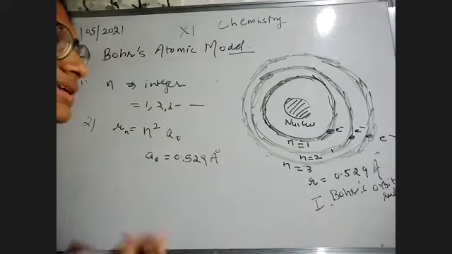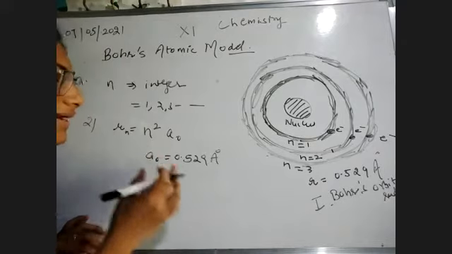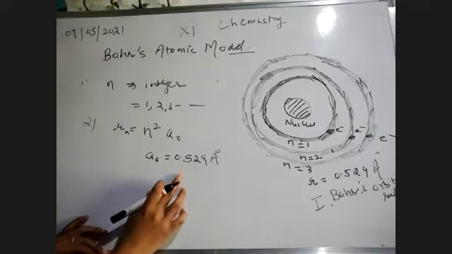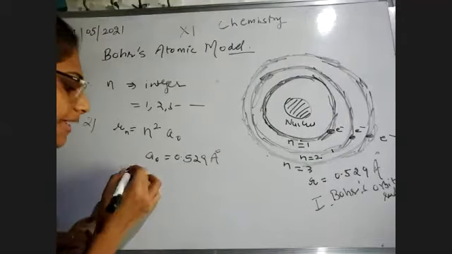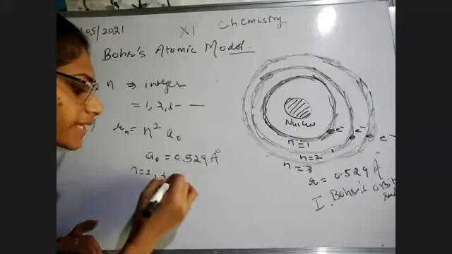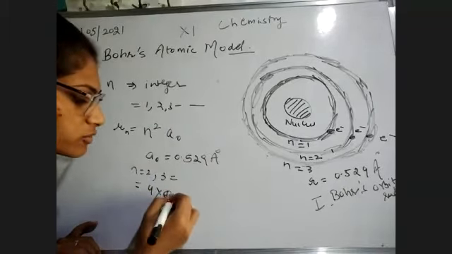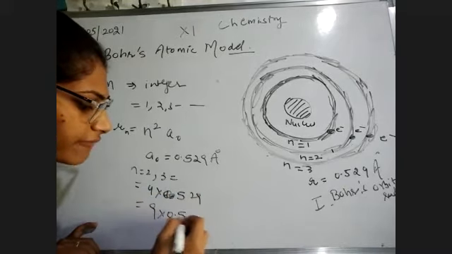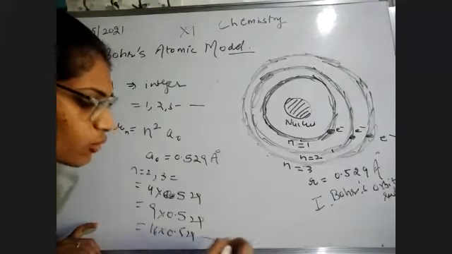This is because if I put n equals 1, the radius would be 0.529 angstrom. As I keep moving, n equals 2 gives 4 into a naught, that is 4 into 0.529, then n equals 3 gives 9 into 0.529, then 16 into 0.529, and so on.